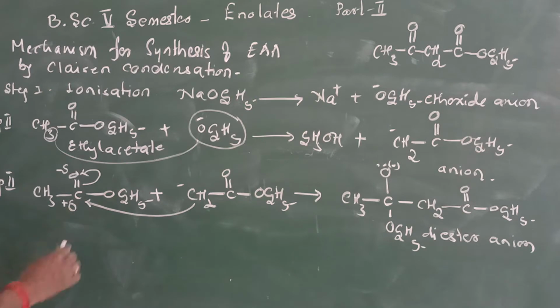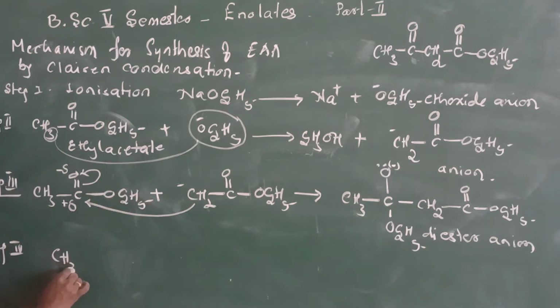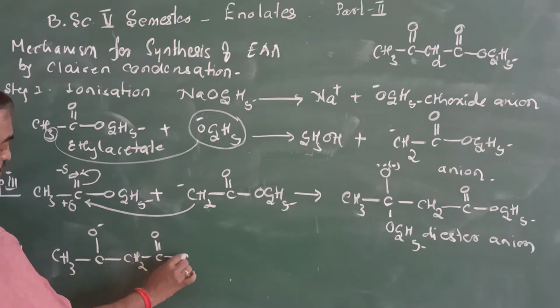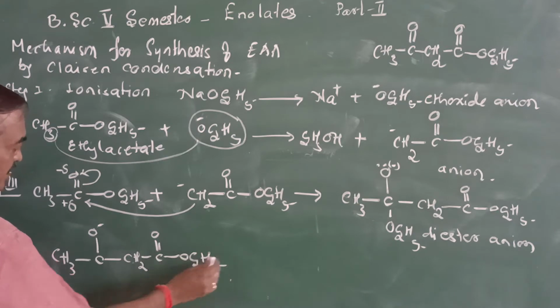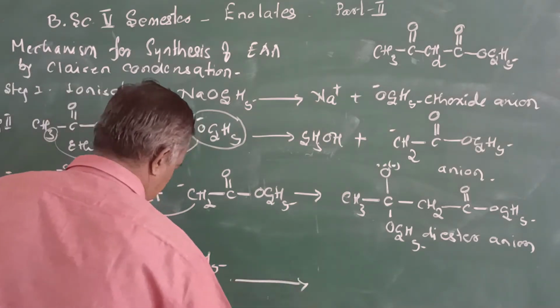Now in the next step, this diester CH3-C(O-)(OC2H5)-CH2-COOC2H5 undergoes a change.